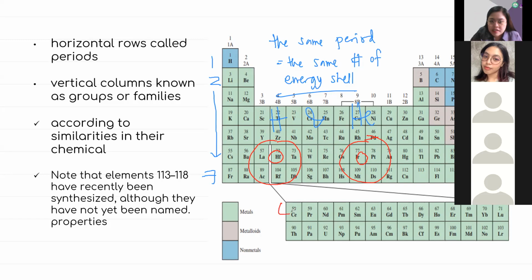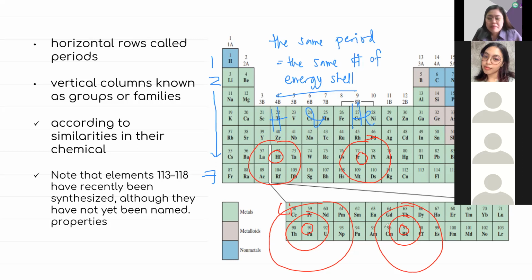For example, lithium, since it is in period number 2, has 2 energy shells after the nucleus. That is also true for beryllium, which is also found in period number 2, so it has 2 energy shells surrounding its nucleus.